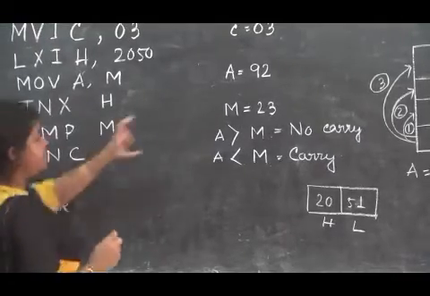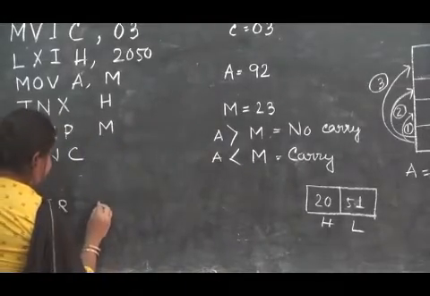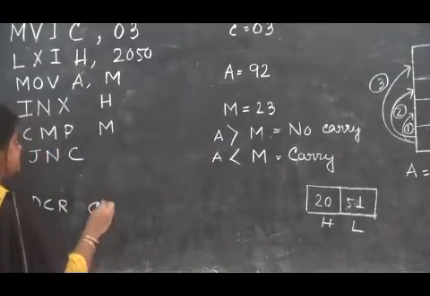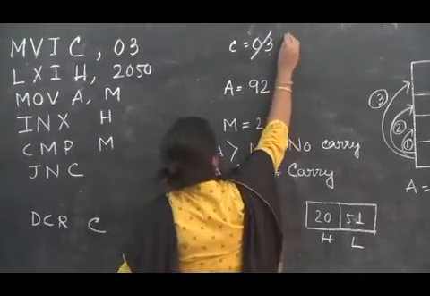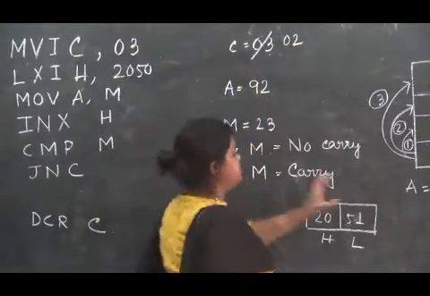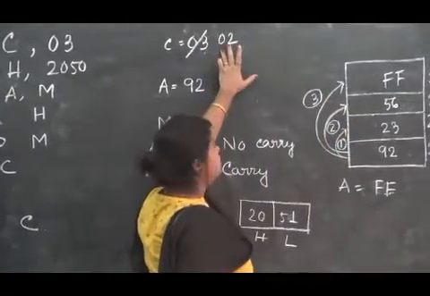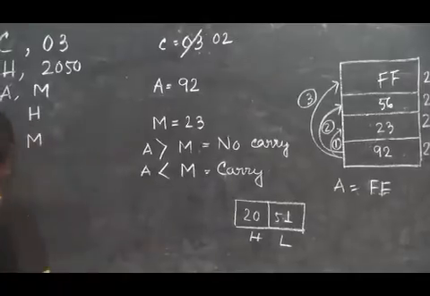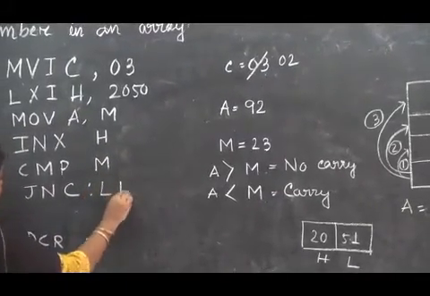Our first comparison is completed. DCR C was 03, so this will be decremented to 02 as the first comparison is done. This is loop 1 where it will jump.